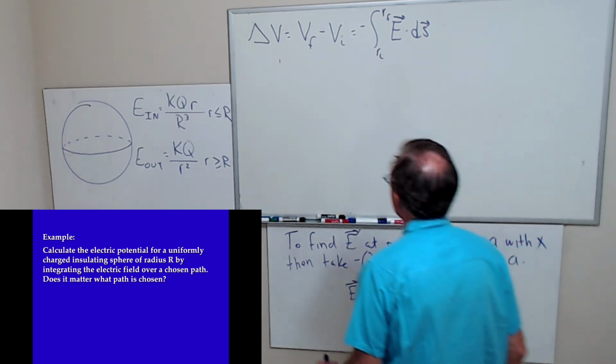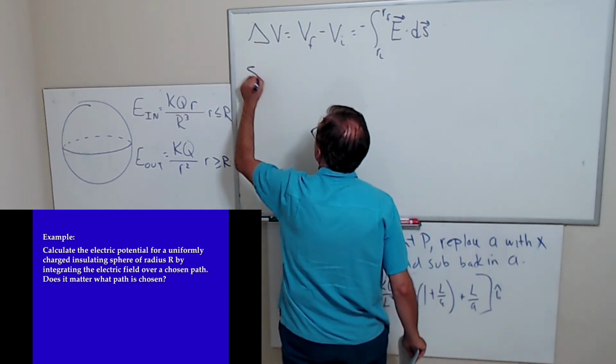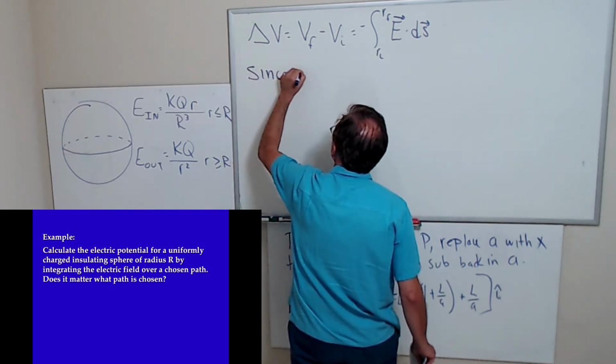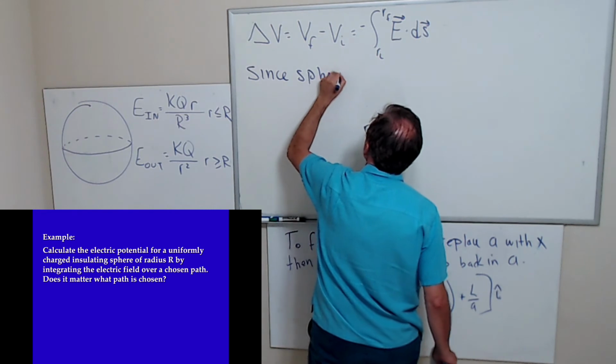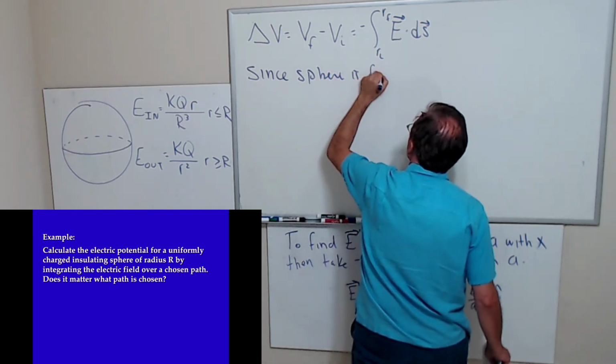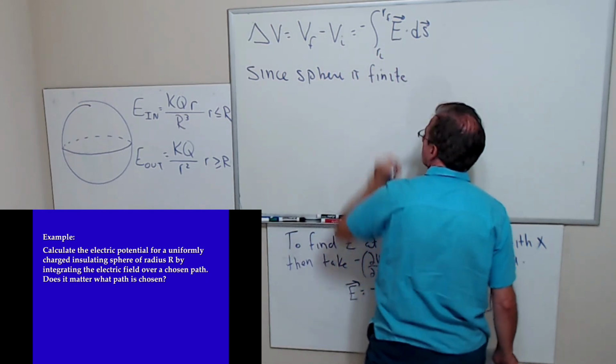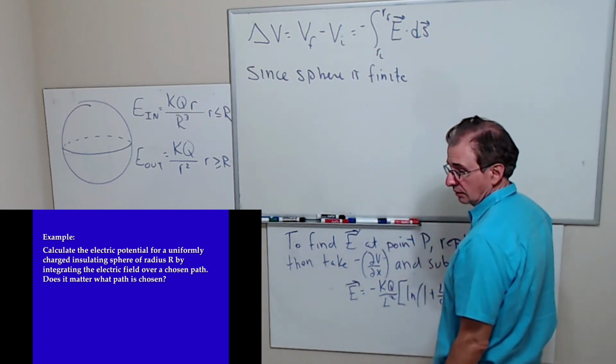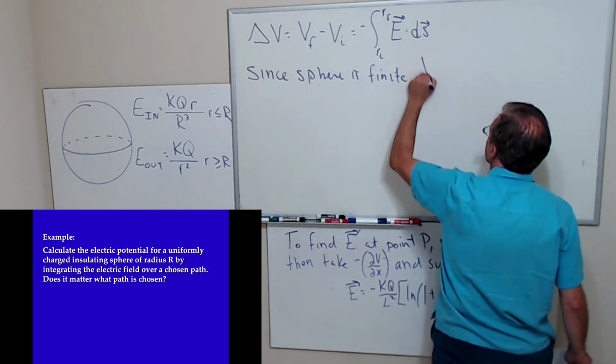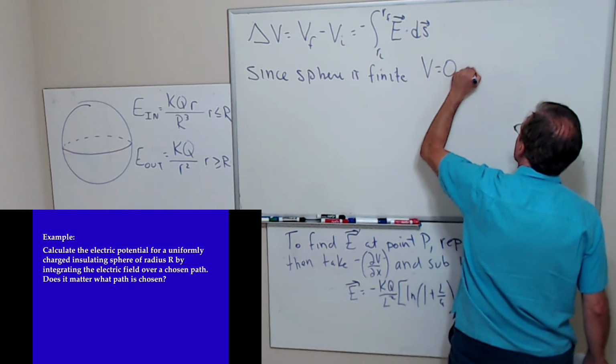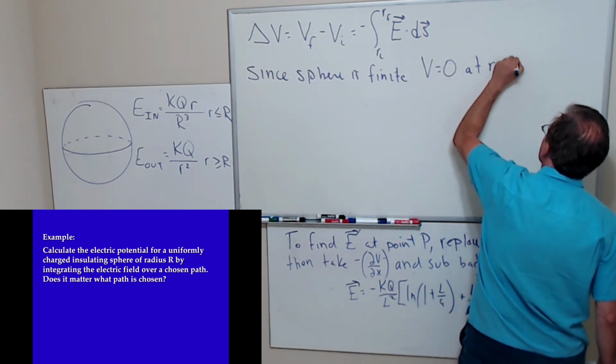Okay? So I'm going to say, since the sphere is finite, then V equals 0 at r equals infinity.